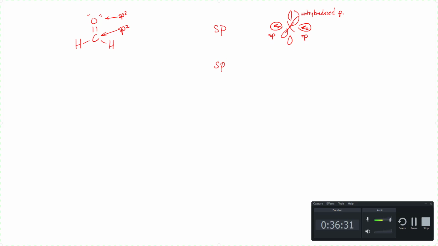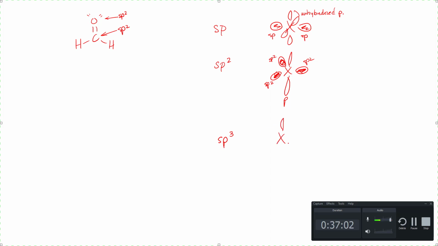So what would an sp2 atom look like? It would have 3 hybrid orbitals in a trigonal planar geometry, and then it would have an unhybridized p. The number of electrons that go in there is going to depend on the atom. And then finally, what would we have if we had an sp3?